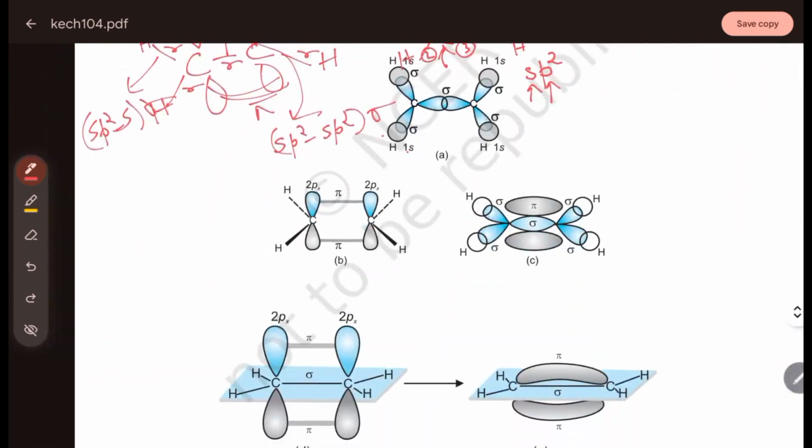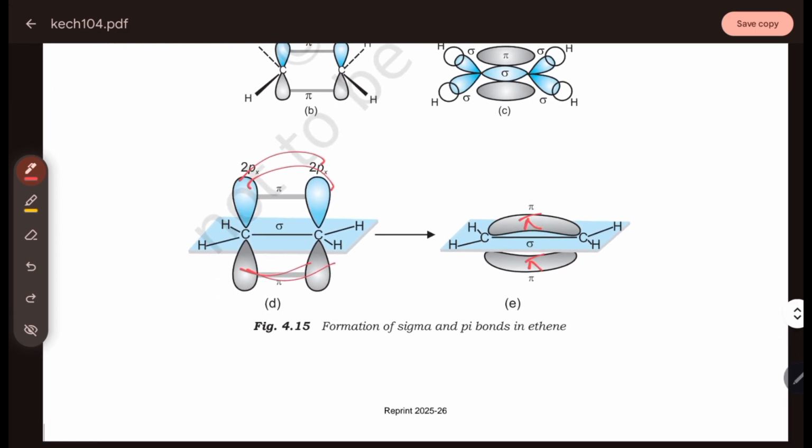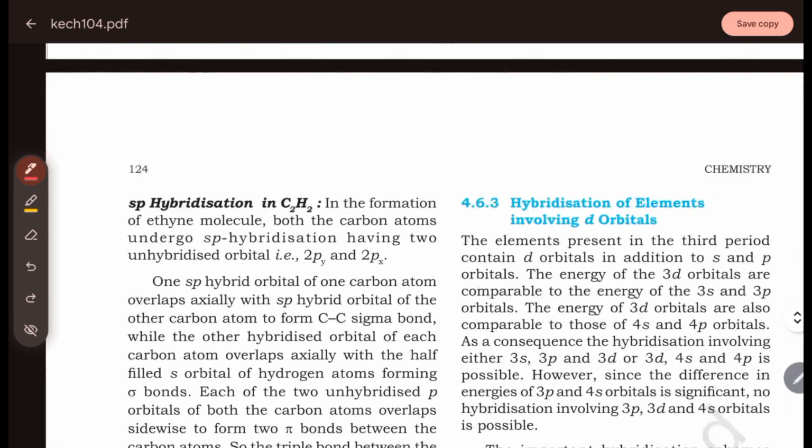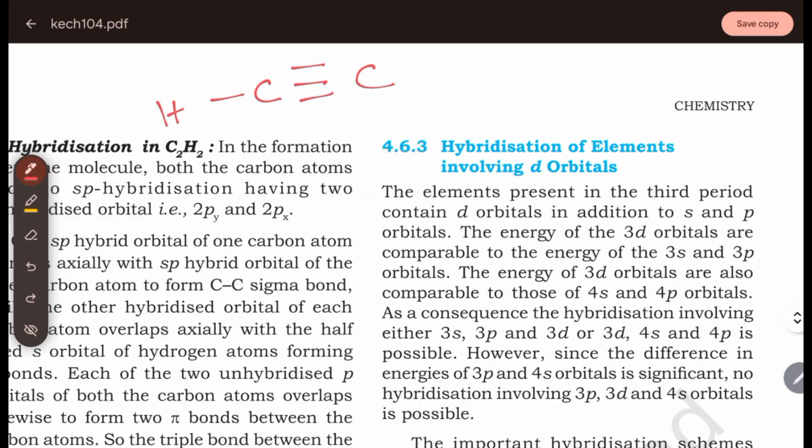This is how you obtain the structure. This is the sigma plane and this is the pi overlap like a banana bond above and below the sigma plane. Now next you have C2H2 acetylene structure, C triple bonded C with single bond H over here.